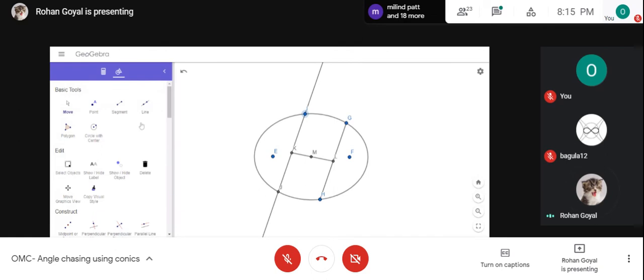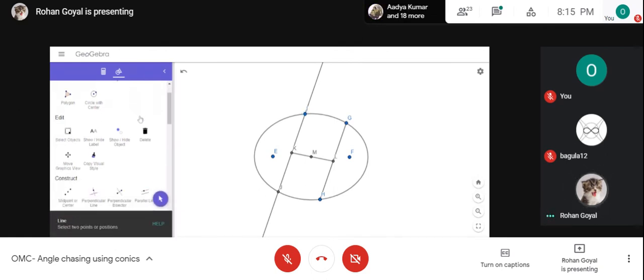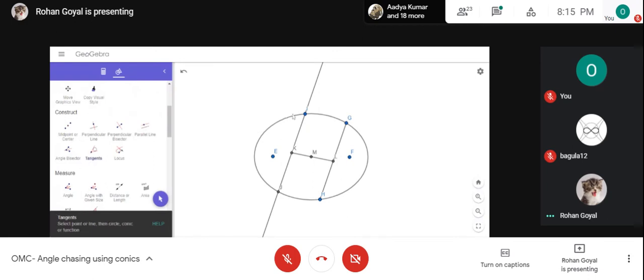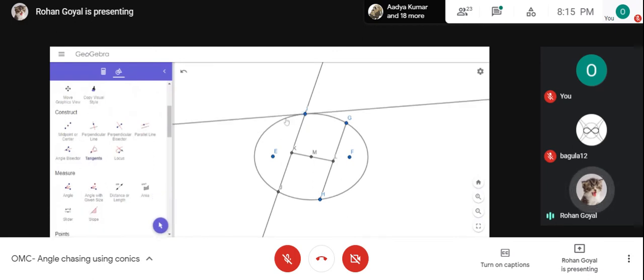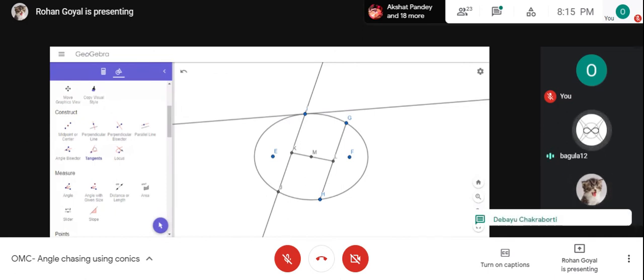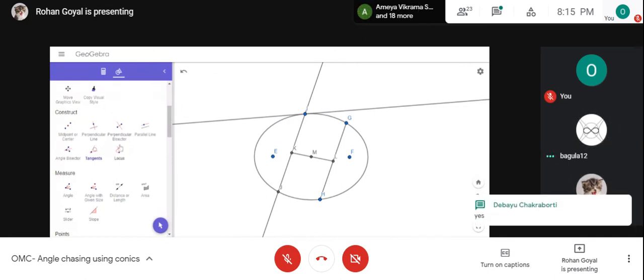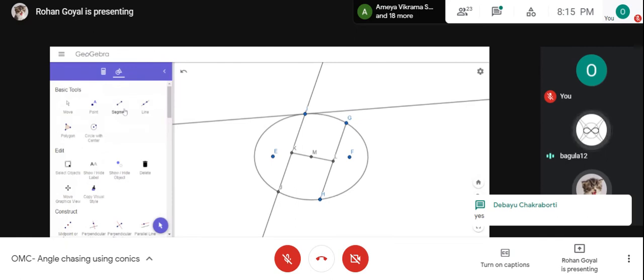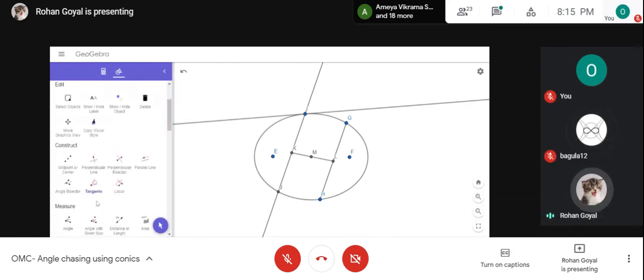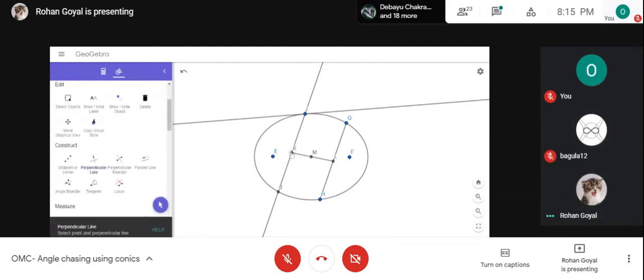Okay. Now let's see a few other results that I kind of forgot to share. You remember there's something called a 6-point circle, right? You may have heard of it. Yeah, 6-point circle. Okay. So what you do is you drop the perpendicular onto the sides, right?